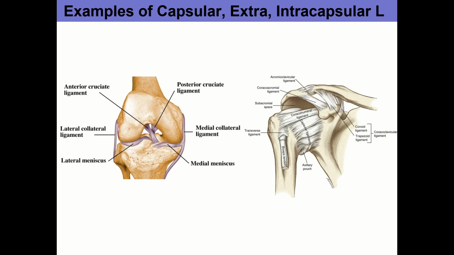So it's going to try to heal itself. But the problem is every time you flex and extend the joint, you're going to squish that synovial fluid around, and that's going to knock those clots off, and so the ACL is never able to repair itself because of that, right? Because of that location, that affects its healing capacity. So that's why you have to get it repaired surgically if you want it fixed. So that's an intracapsular ligament.